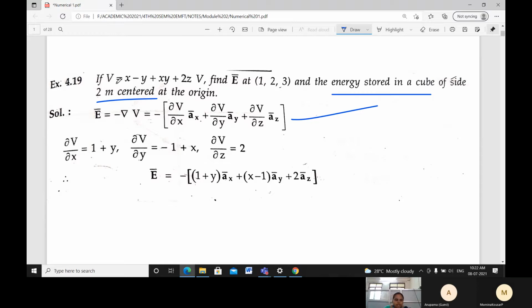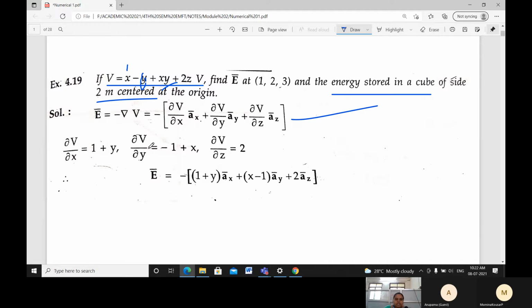Next, what do we have to find? V is already given. From this, we have to differentiate with respect to x, y, and z. Differentiating with respect to x, dou V by dou x: the first term gives 1, the next term is not there so it goes to 0, and in xy, y is a constant, so we get y.